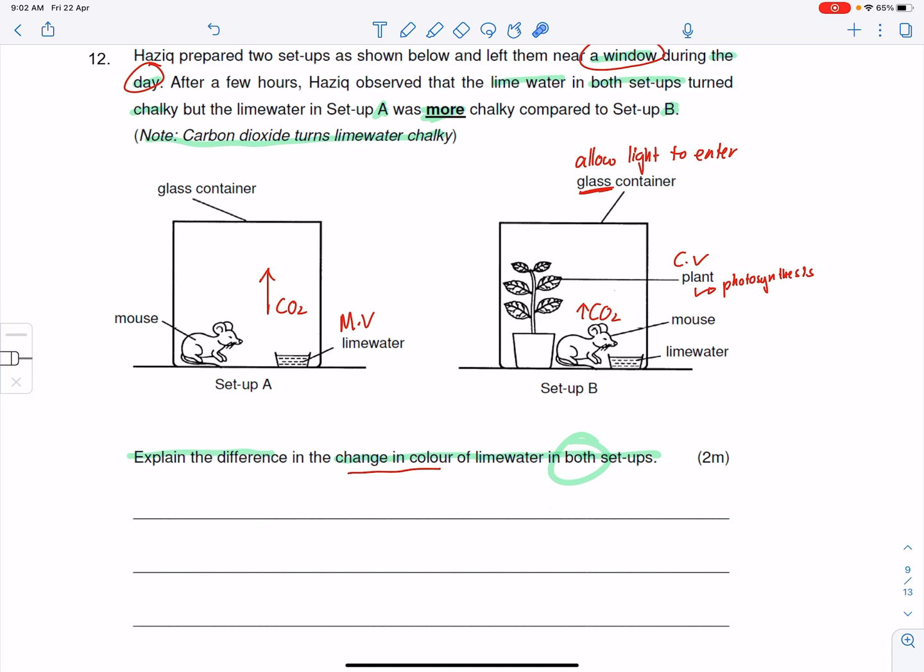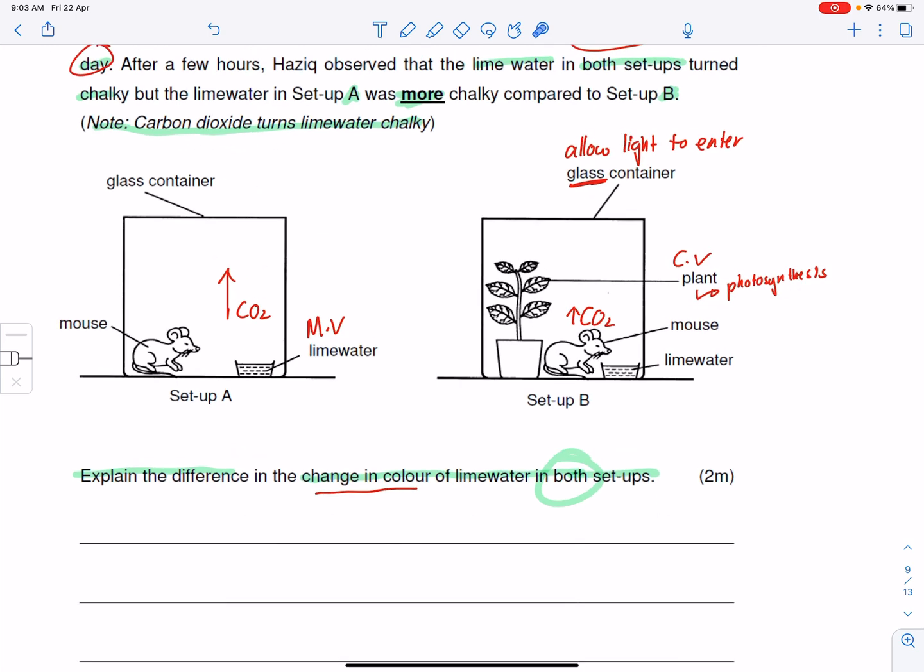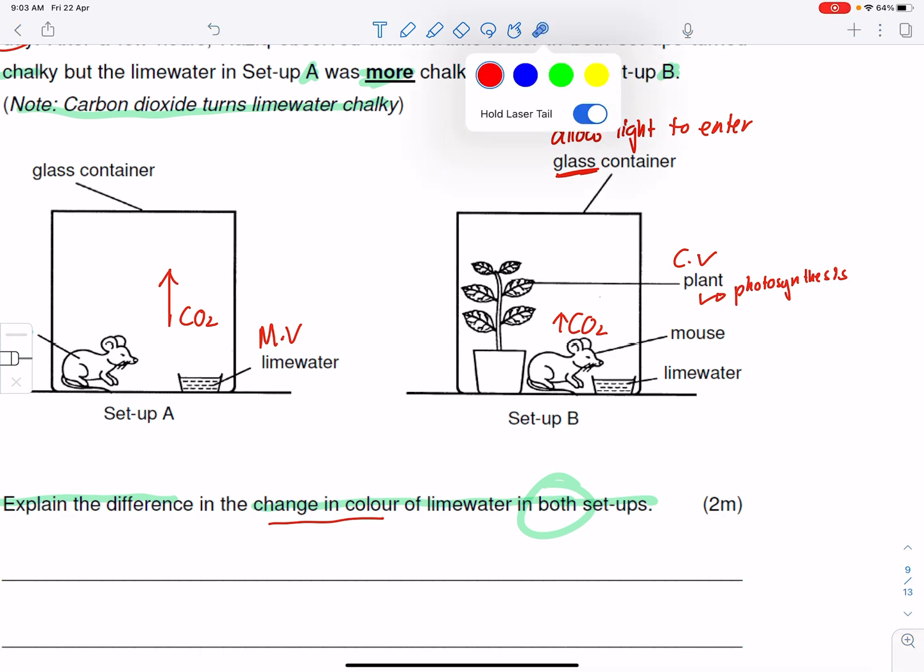Then you ask yourself, what's the change variable? The change variable would actually be the presence of your plant. So your plant carries out photosynthesis. Now, from knowledge, you know that in order to carry out photosynthesis, your plant would need to take in carbon dioxide.